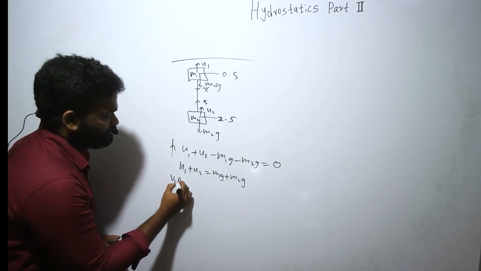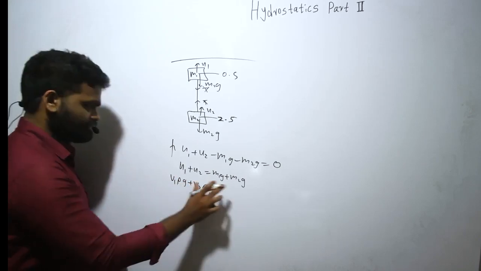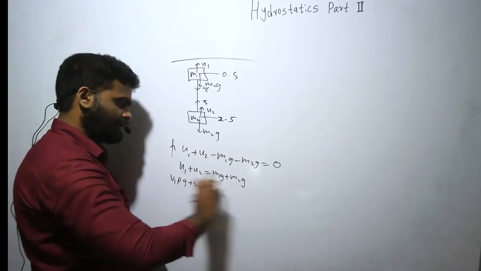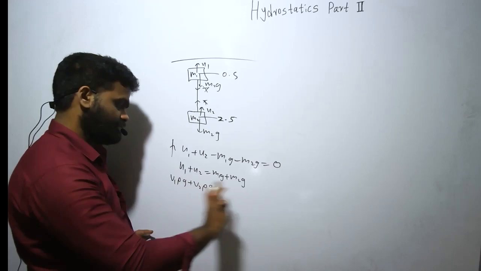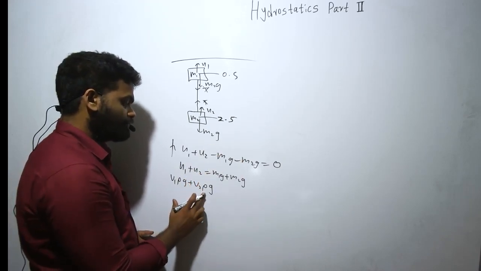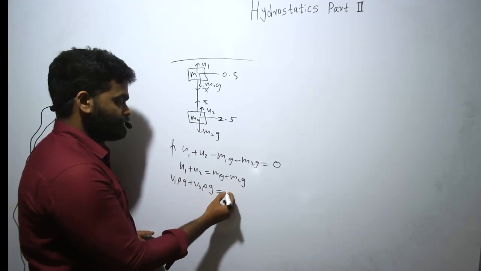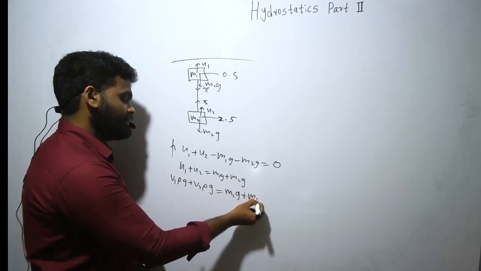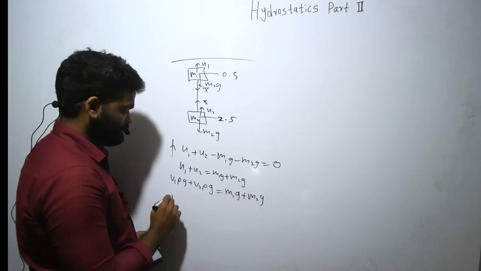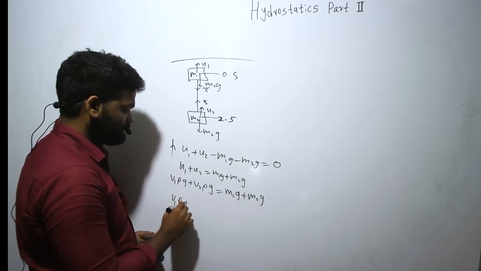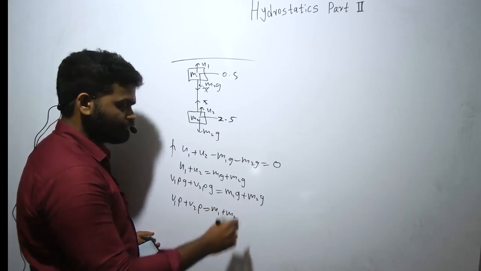Let's say that is V1 rho G plus V2 rho G. This is just for explanation. If you want, you can at once do the substitution. Here rho is the density of water, both same. So you have M1G plus M2G. You can then get rid of G. What do we end up with? V1 rho plus V2 rho equals M1 plus M2.